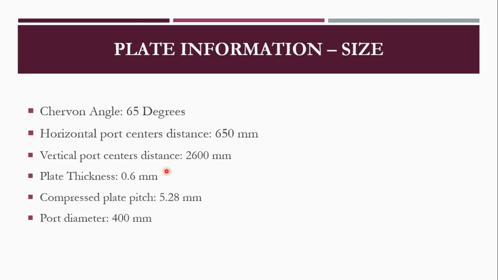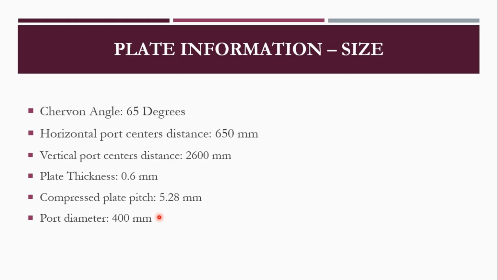The plate thickness is 0.6 millimeter, and this affects the mechanical characteristics of the plate. The compressed plate pitch is 5.28 millimeter, and this plate pitch determines the channel dimensions. The port diameter is 400 millimeter, and it influences how the fluid enters, distributes through, and leaves the exchanger.